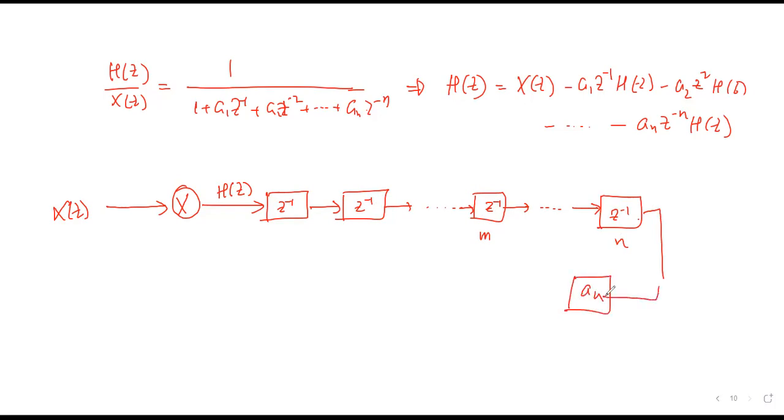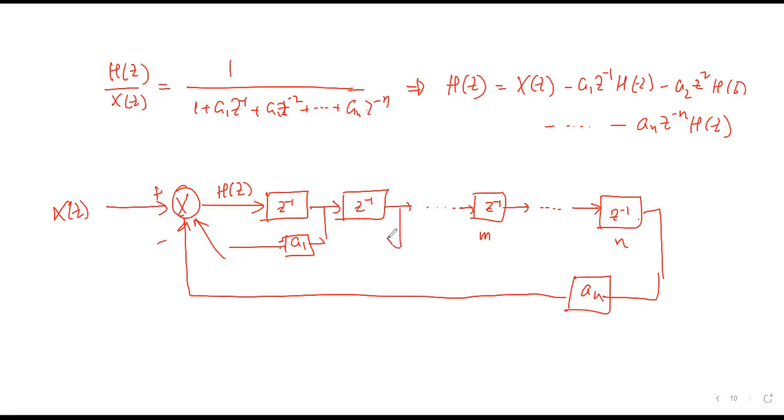So an, and then it is going there, and it will be subtracted. You'll be keeping track of that one. The rest of them are also subtracted. So this is your a1, the next one is a2, and the rest will be coming in the same way.